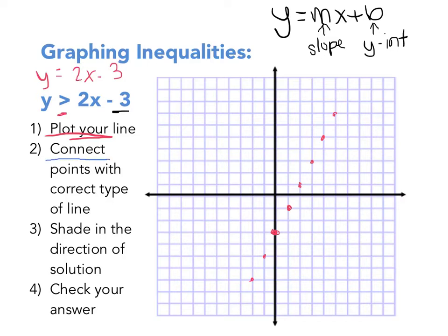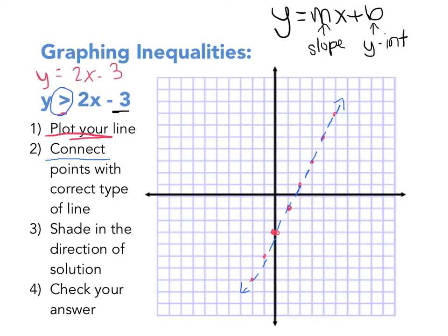And then step 2 says to connect points with the correct type of line. Now, remember from the slide before, if it was just greater than or less than, it's a dotted line. So I have to connect my dots with a dotted line just like this. And that proves that all the points on this line will not make this inequality true. They are not part of the solution.